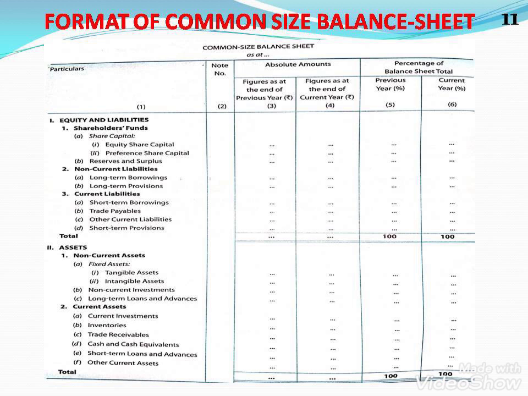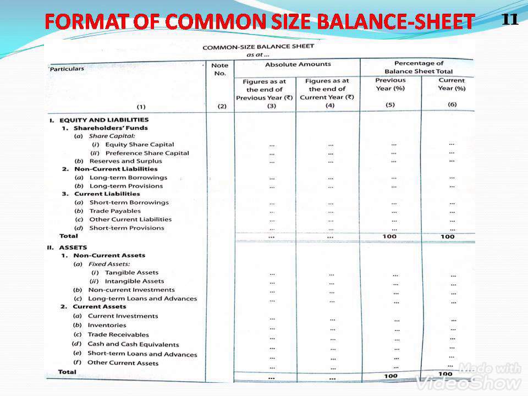Now we do not have to find out the change in absolute figures like we did in case of comparative balance sheet. Here we will have to convert the values of the previous year into percentage by taking a common base of total assets and total liabilities, and that percentage will be shown in the previous year percentage column.